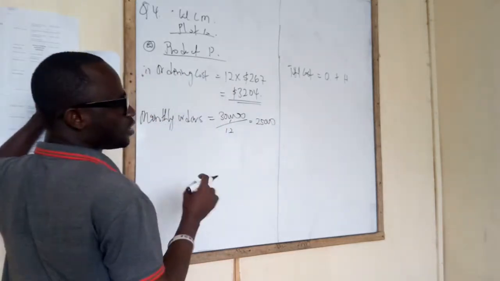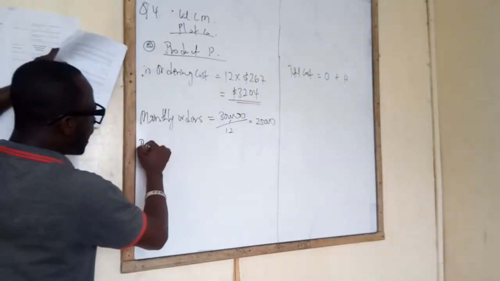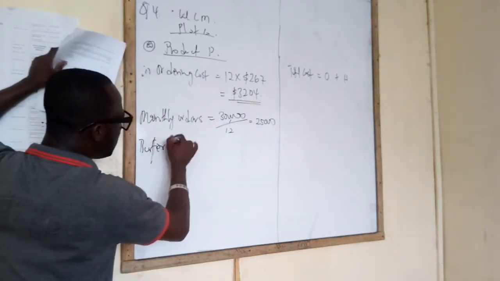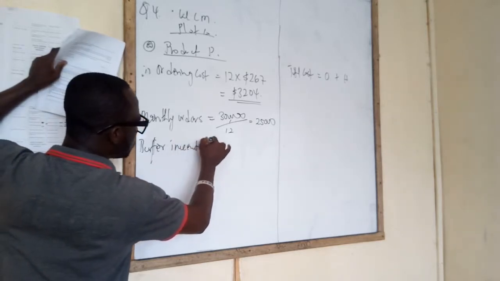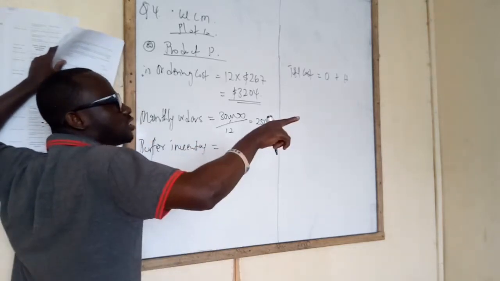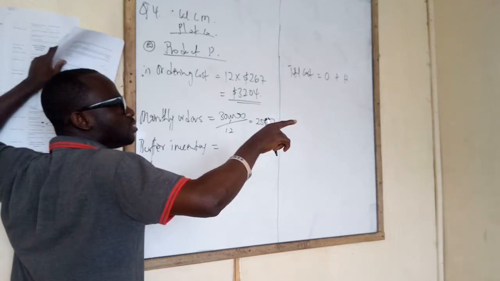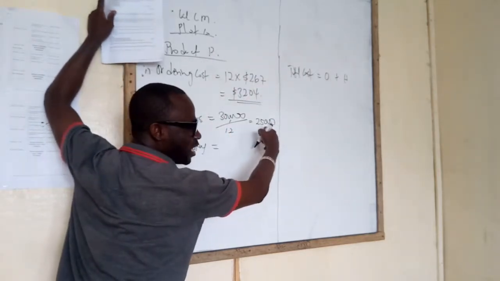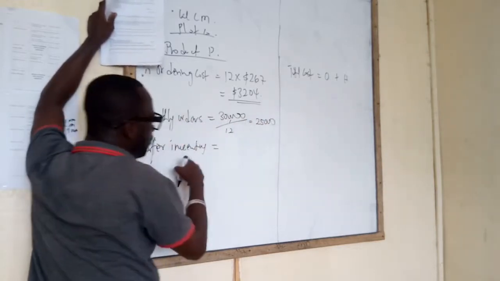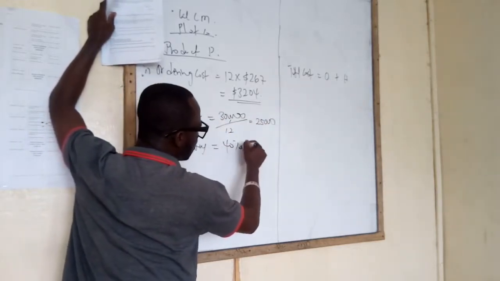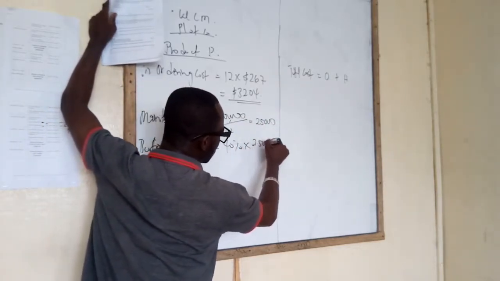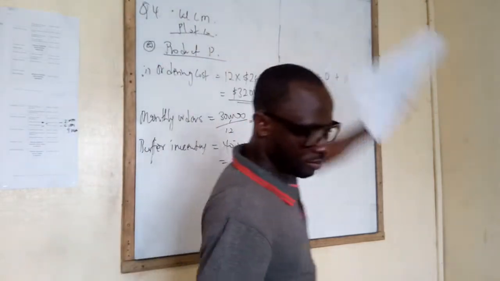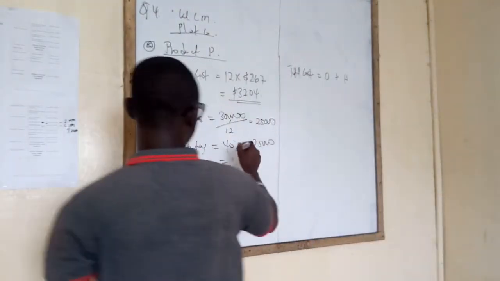Why do we need this? We need this because we are told that the company must keep a buffer inventory of 40% of 1 month's sales. So we need the monthly sales so that we can now get 40% of that. What we got? 10,000.